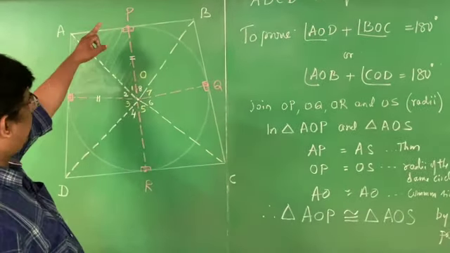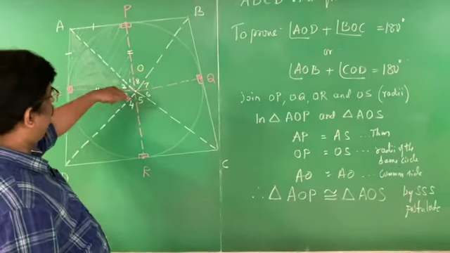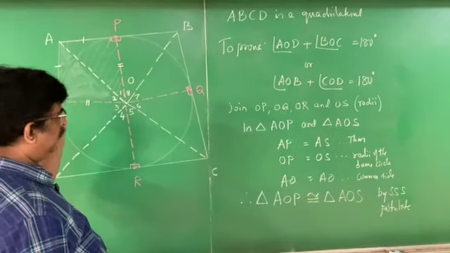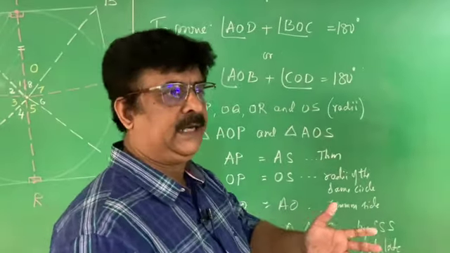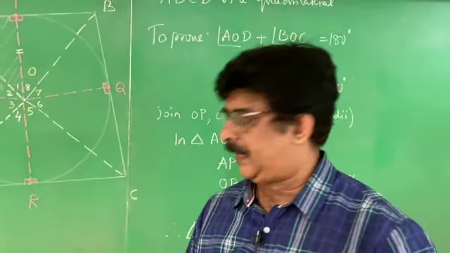When two triangles are congruent, all the three sides and all the three angles are equal by CPCT.